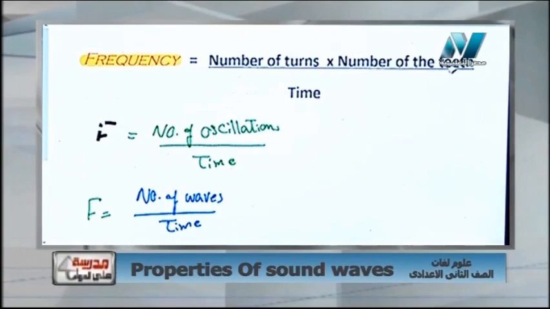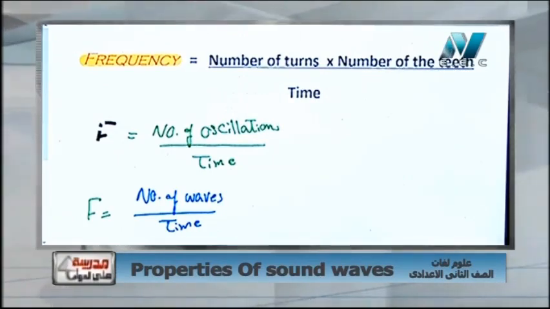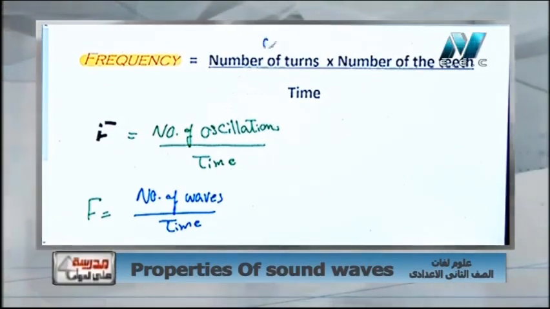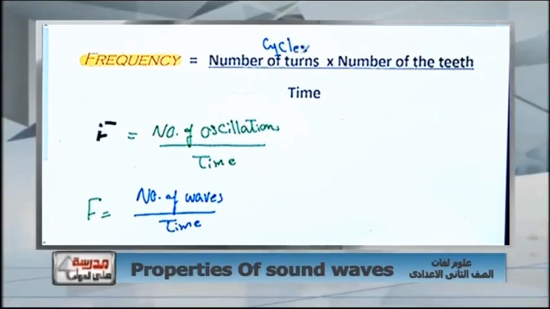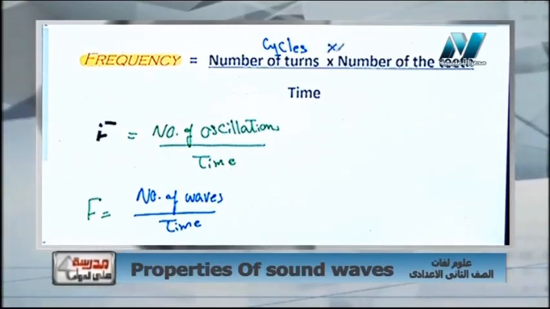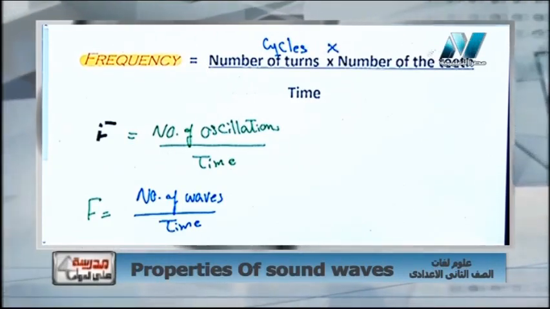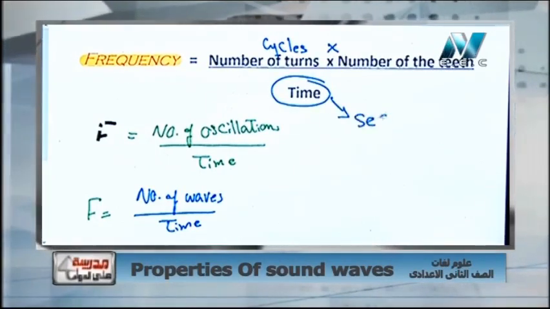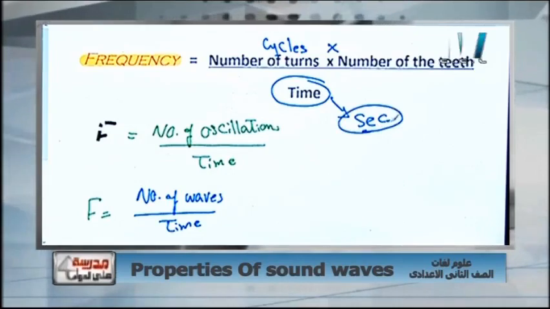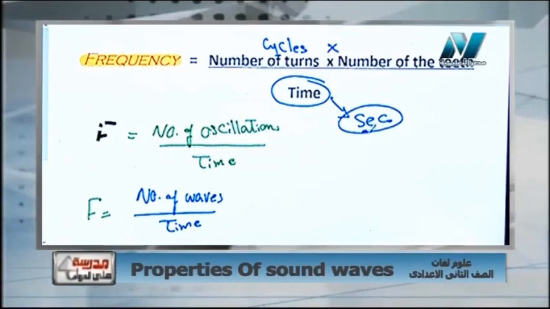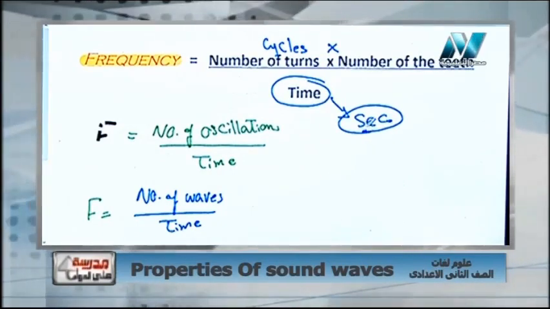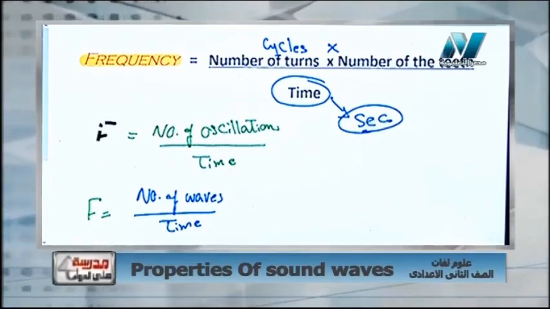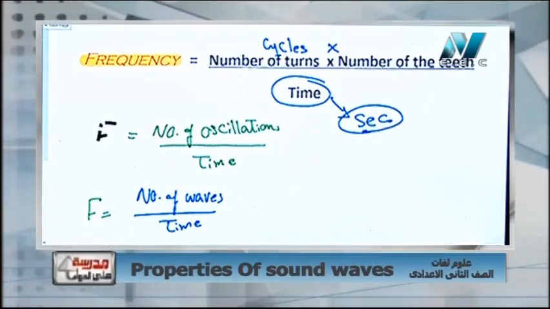So here we will calculate the number of turns or number of cycles times number of teeth over time. Time, the measuring unit is second. If the measuring unit is not in second, such as minute or hour, we should convert into second. So we finish the first property of sound.